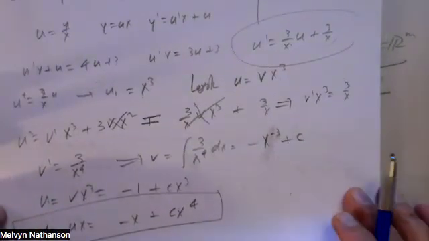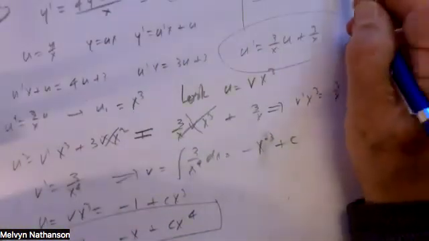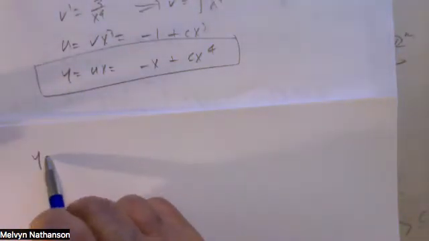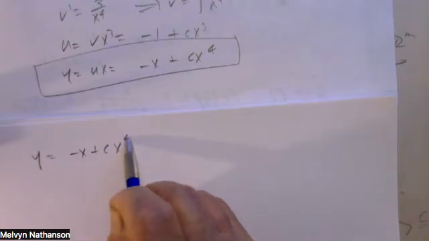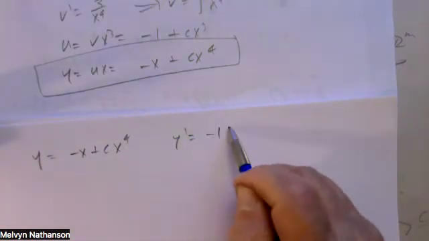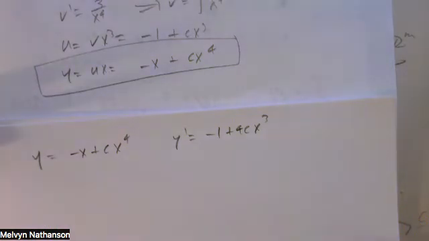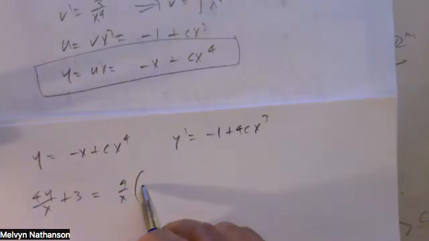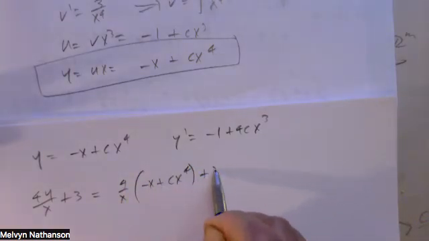So in the very unlikely event that this is finally correct, let me check. I never believe that I do problems correctly, and I have to check them. So if y is minus x plus cx to the 4th, y prime is minus 1 plus 4cx cubed. And for y over x plus 3 is 4 over x times minus x plus cx to the 4th plus 3.